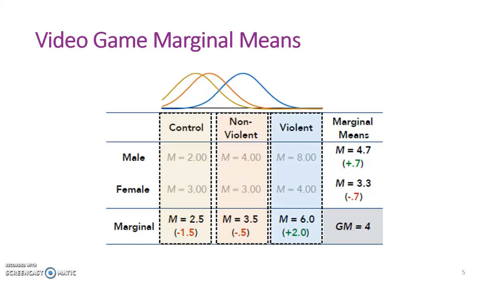Also, the number in the parentheses below each of the marginal means is the deviation between the grand mean and the marginal mean, the grand mean being the mean in the gray box in the lower right of this table.